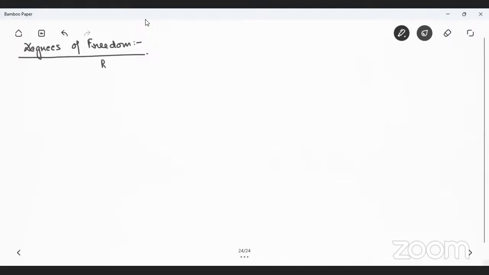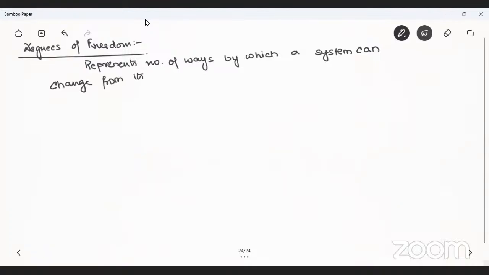So degrees of freedom represents the number of ways through which a system can change from one state to another, from its current state. Okay, so this is the standard definition which is given by books.